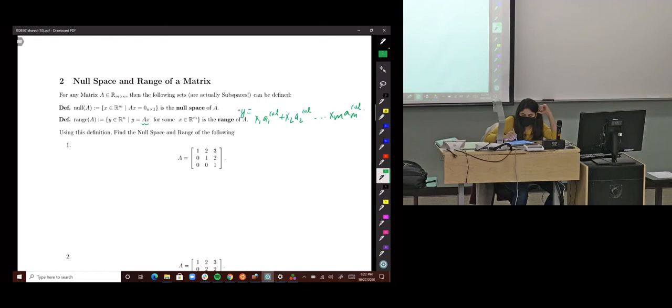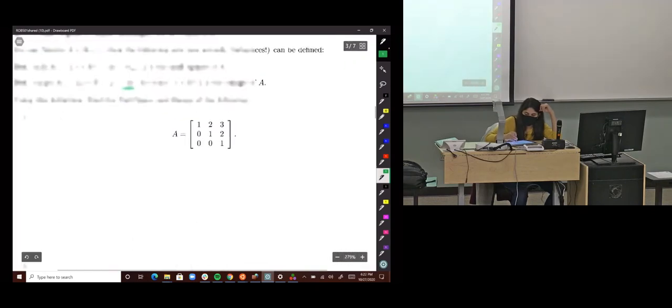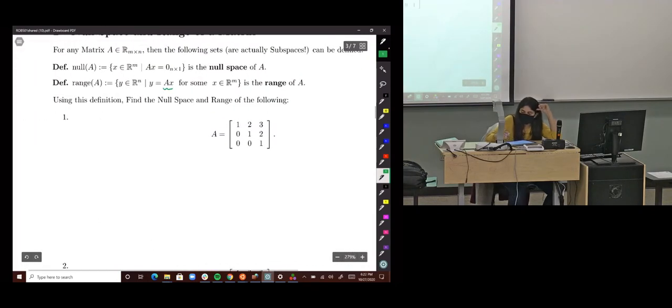But the two are comparable. For all x in R^m, when you apply A to it, all such vectors, say y, are called the range of A. Using that definition, we're working out some questions in homework.